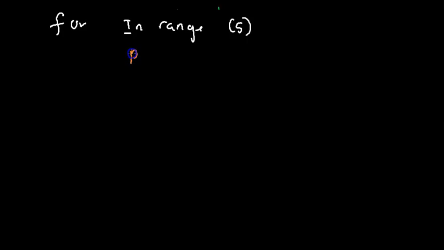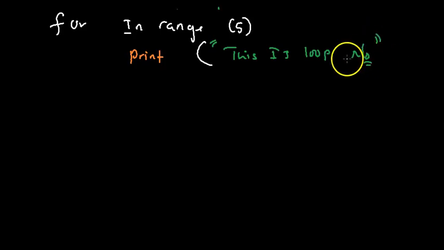So the print here is going to be a bracket of double quotation, this is loop number. Let's just put it this way, number in short form. And here we have comma. The comma basically is going to come in white form, right? i plus 1. Then you close the bracket.